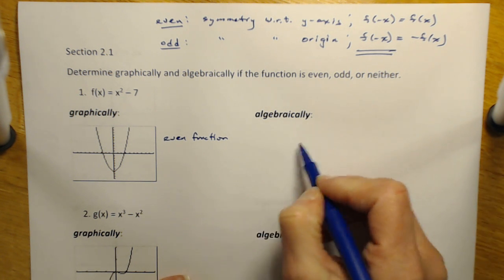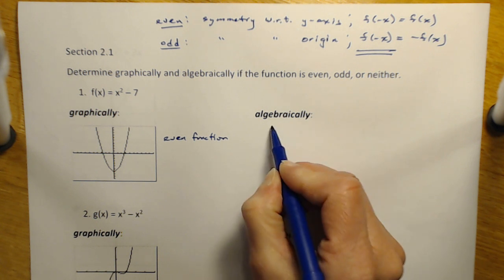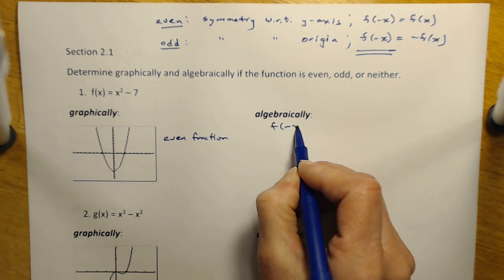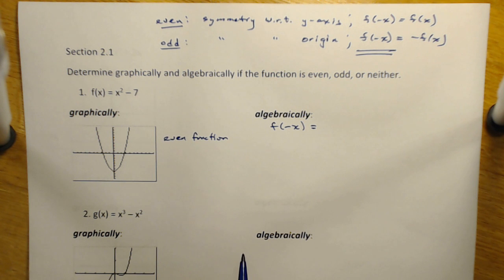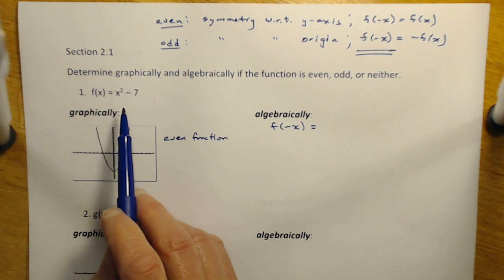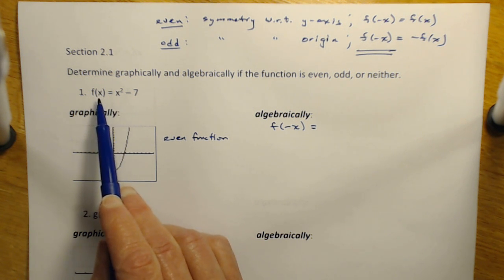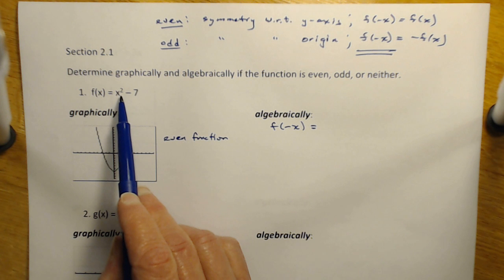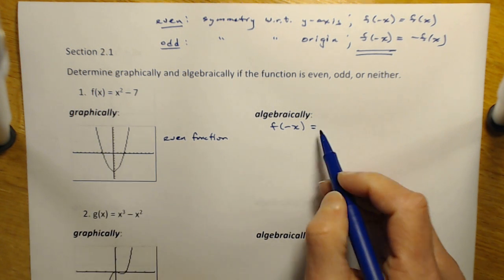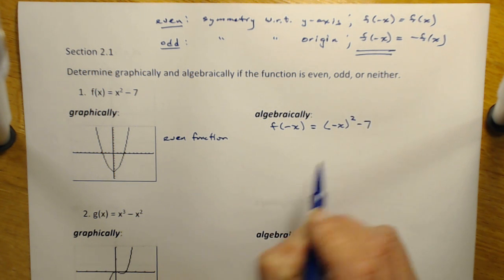Okay? So when you're trying to decide algebraically if a function is even or odd, we first find f of negative x. Okay, now again, just a reminder, when you have this f of x equal to x squared minus 7 function, you just want to think of it as it takes any input, and this function will square it and subtract 7. So whatever goes in gets squared and subtracts 7. So in this case, I plug in negative x, I square it and subtract 7.